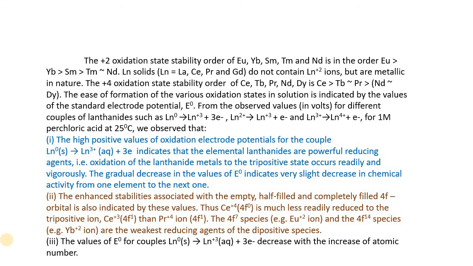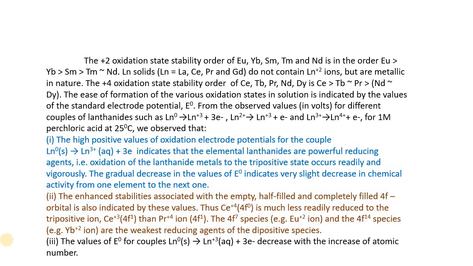What we observed? Check these points. The high positive value of oxidation electrode potentials for the couple lanthanide 0 to lanthanide +3, Ln is a symbol for all lanthanides, indicates the elemental lanthanides are powerful reducing agents.